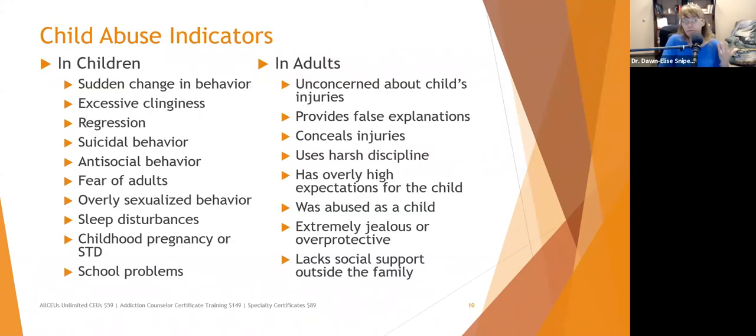If you are doing an assessment and you think that there might be child abuse, what things are you going to be looking for, or what things are you going to be looking for in vignettes?